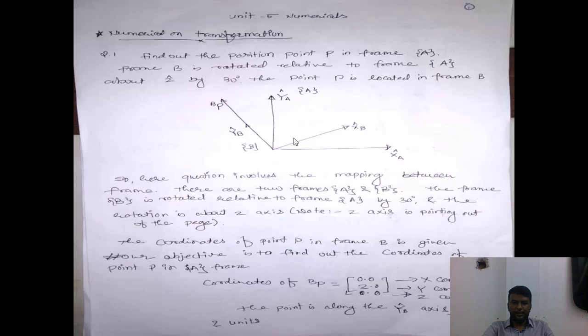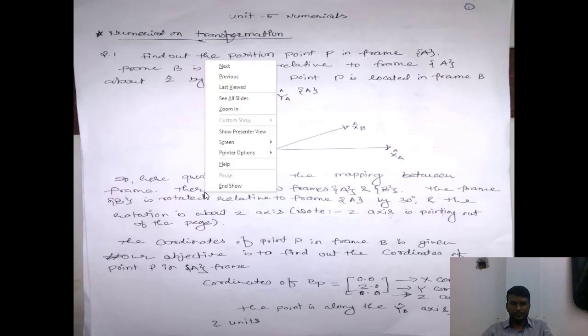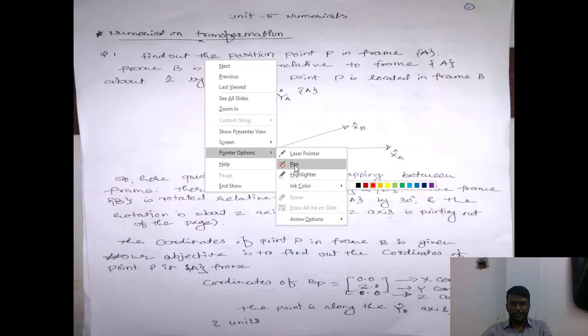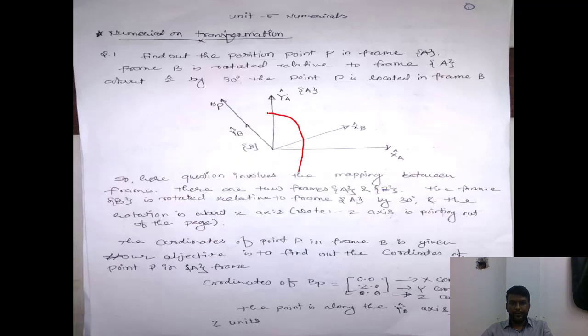So it is rotated in this direction by an angle of 30 degrees. So this is the point here, and this angle is 30 degrees. This is the 30 degree rotation. Then what is the position of this point after the rotation?